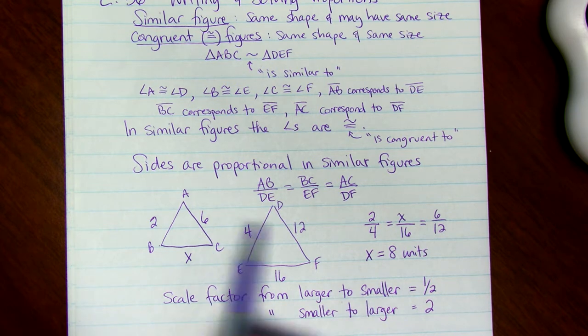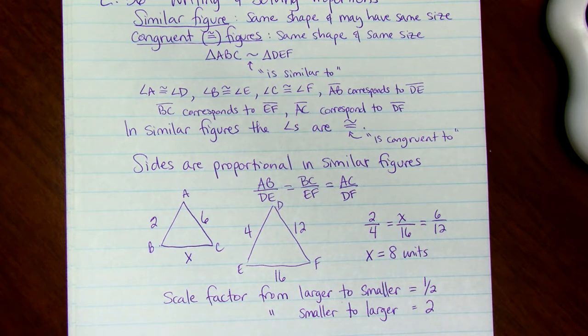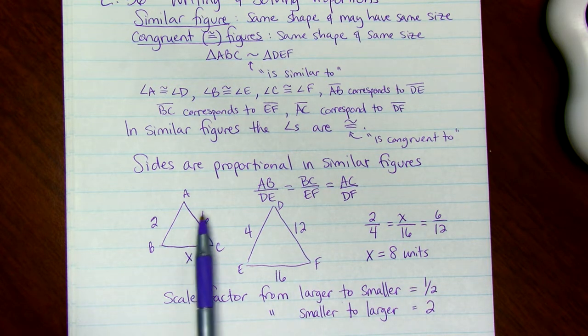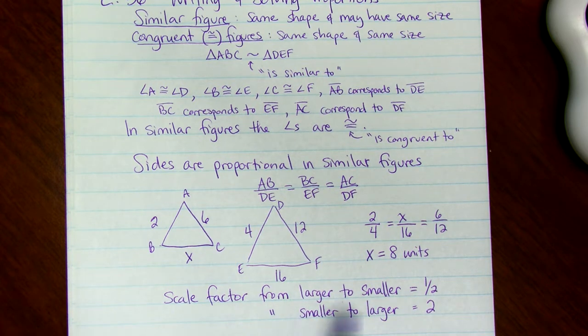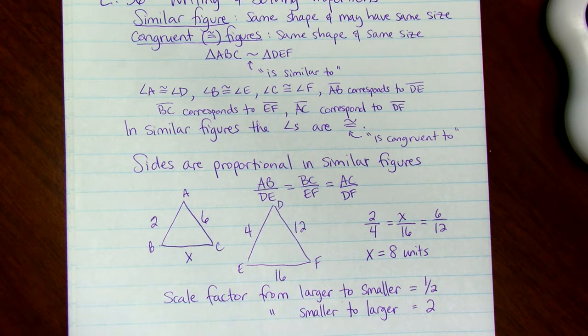So going from 6 to 12, we multiply by 2. If I say from larger to smaller, I put the larger number in the denominator and the smaller number in the numerator, so 6 divided by 12. If I'm going from smaller to larger, I put the smaller one in the denominator and the larger one in the numerator, so it would be 12 divided by 6, which is 2.